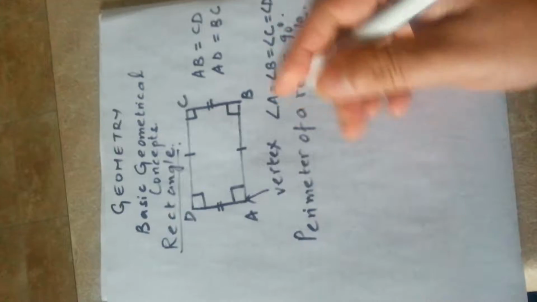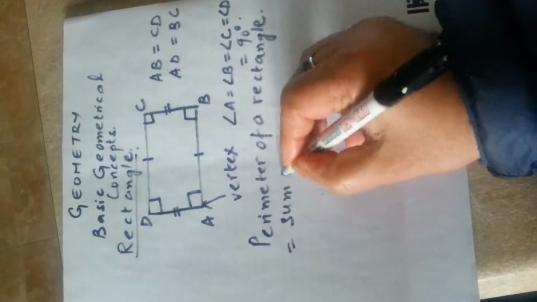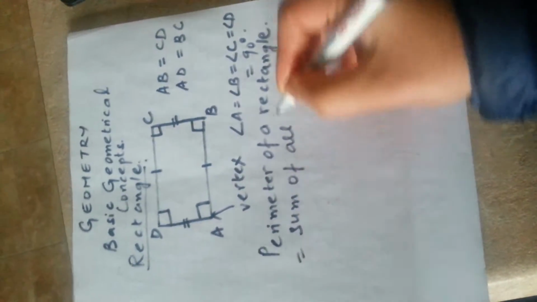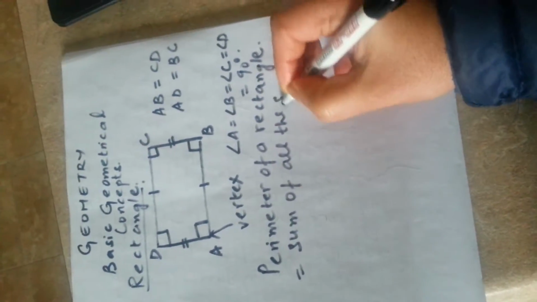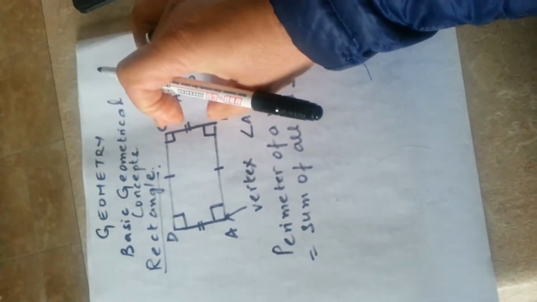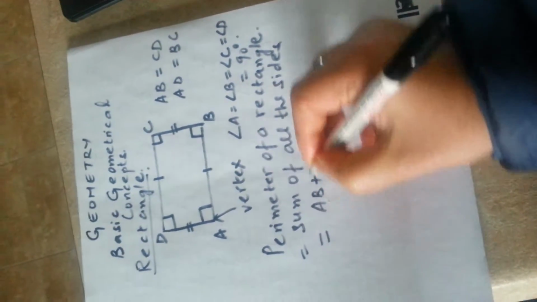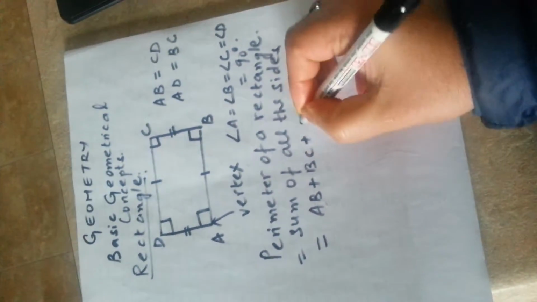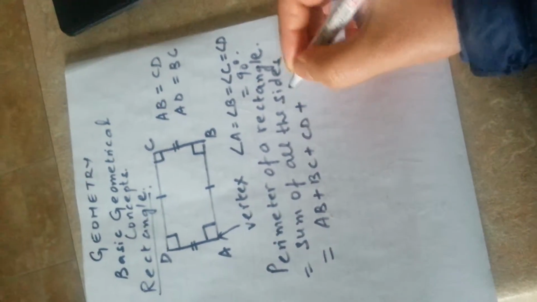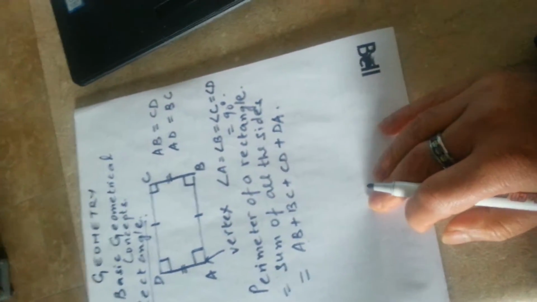Perimeter is equal to the sum of all the sides. Now we know AB, BC, CD and AD are the four sides. So when we add up AB plus BC plus CD plus AD, or DA, one and the same thing, right?